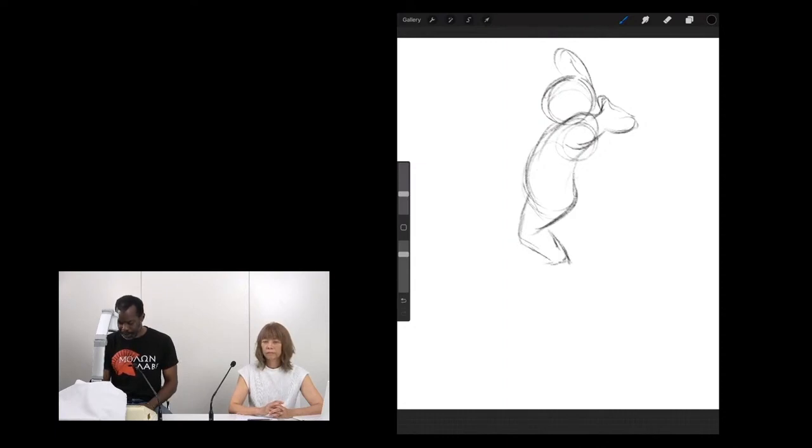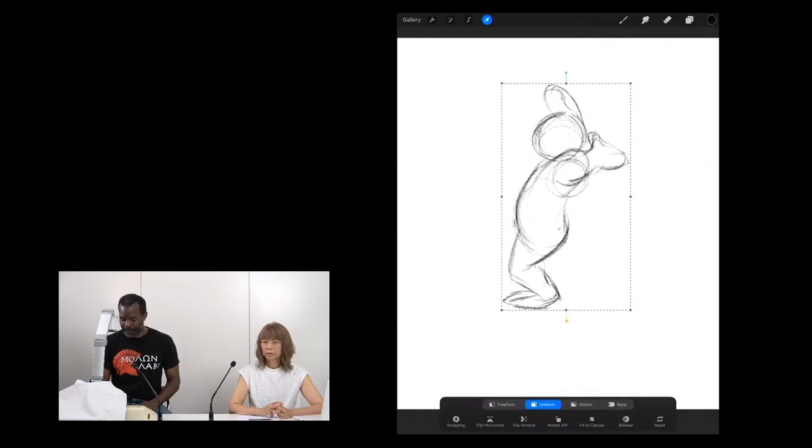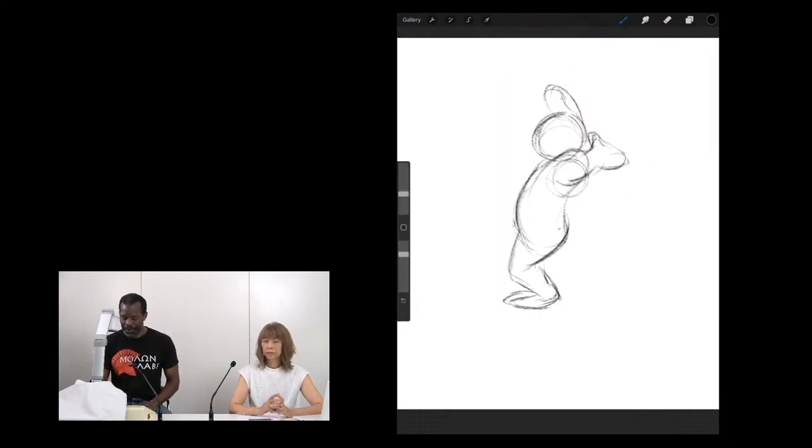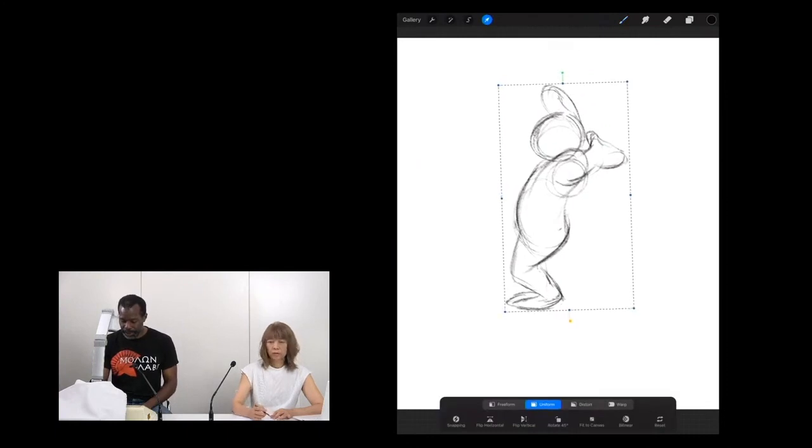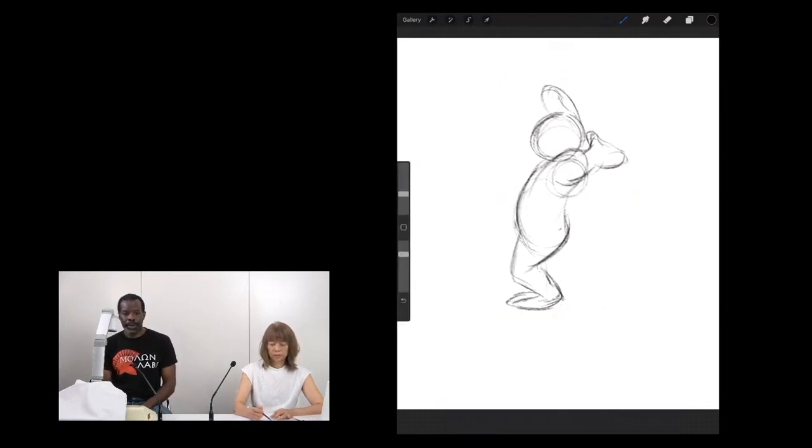So I'm doing some character here that I was planning to draw, but I'm drawing it from a different position right now. Now we might get some sense that this is some sort of rabbit or funny animal. But the truth is, we're only looking at this from one side.